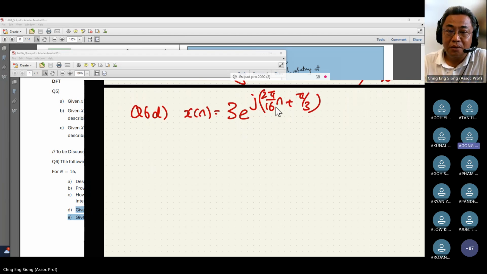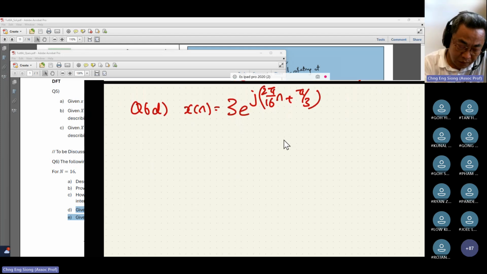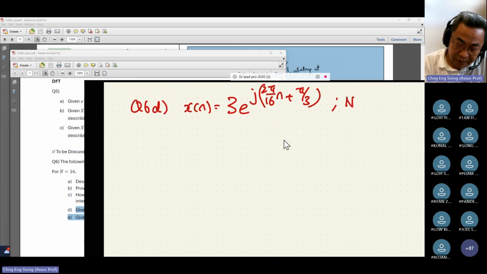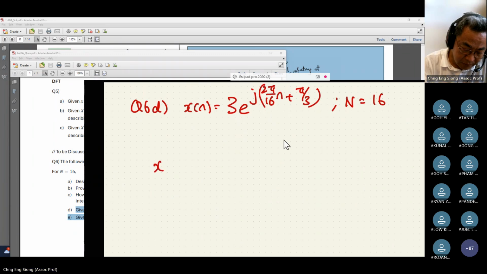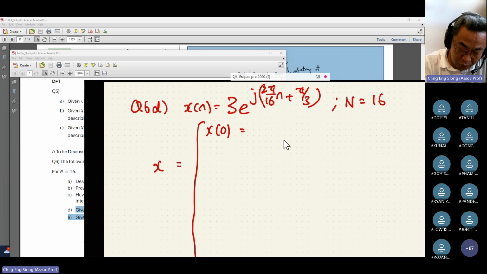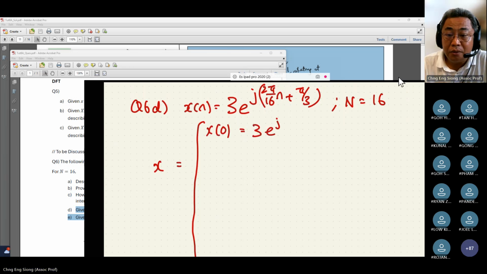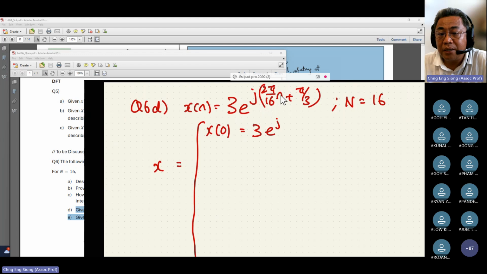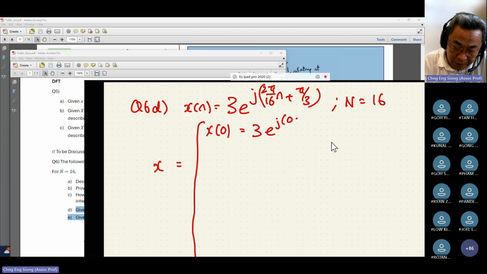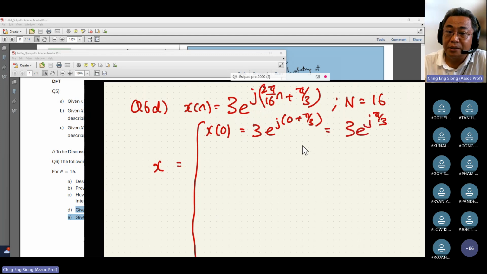So what do you think x_n is, guys? And I told you that N is 16. So I'm expecting to see this: x_0 equals 3e^(j(0 plus pi over 3)), which is 3e^(j pi over 3). That's the first element.